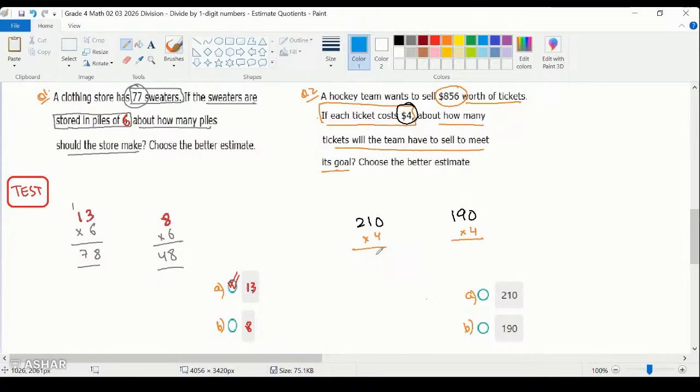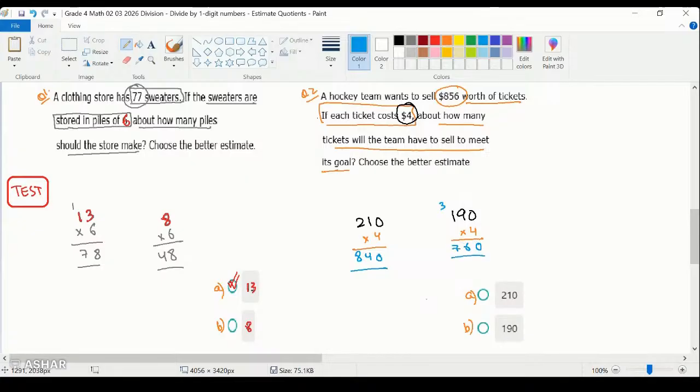4 times 0 is 0. 4 times 1 is 4. 4 times 2 is 8. We get 840. Yes, thank you, Sami.